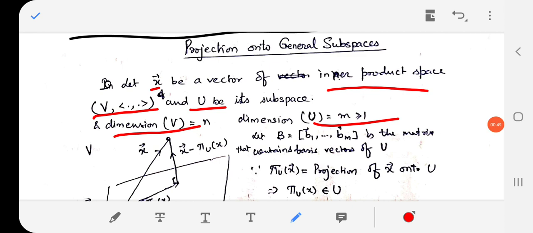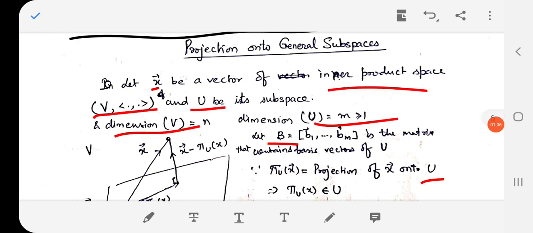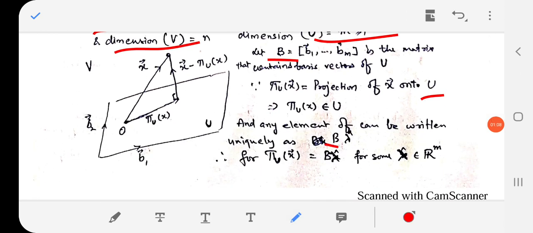And B is a matrix containing the basis vectors of vector space U or subspace U. So any vector in U can be represented uniquely by some B lambda hat.